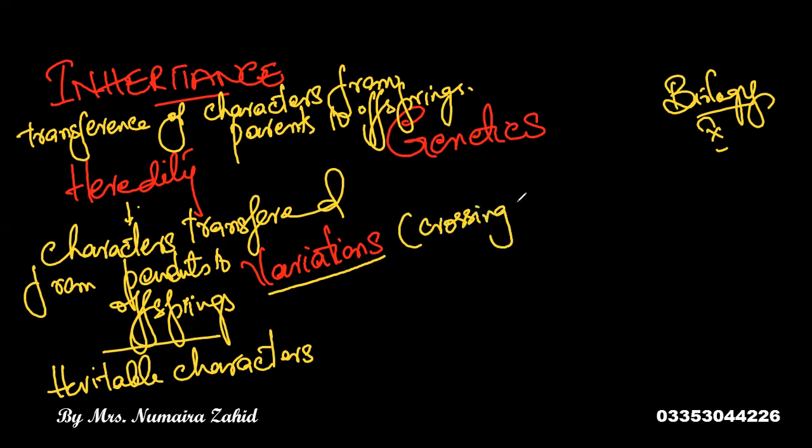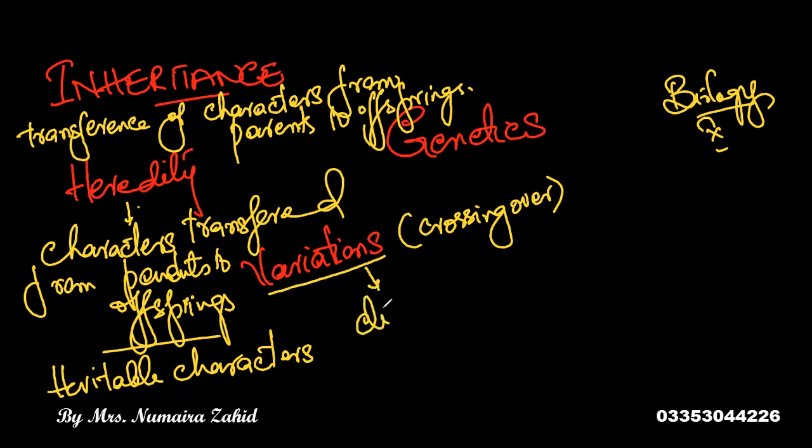This is the process during which the chromosomes, during meiosis, exchange their parts and the apparent features of offsprings are different from their parents. The same is true about plants. Such differences are called variations.